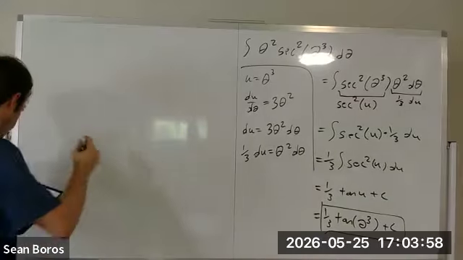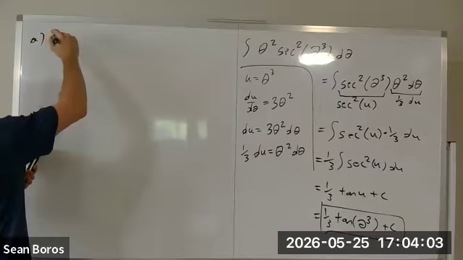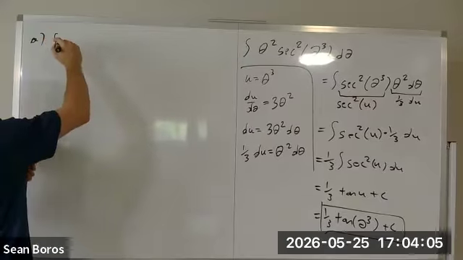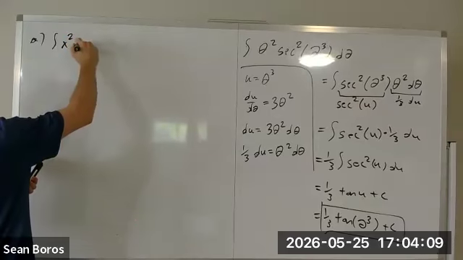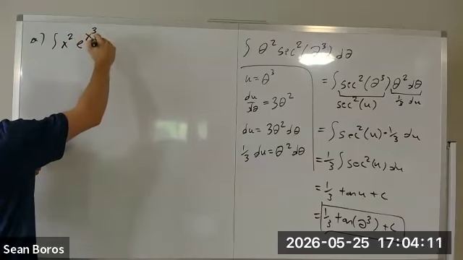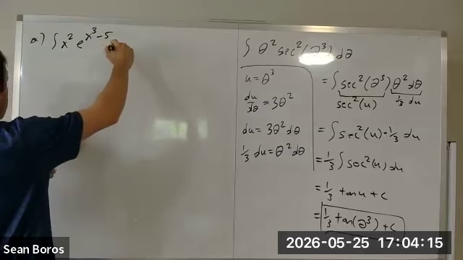Okay, so our first exercise is going to be the integral of x squared times e to the x cubed minus 5 dx.